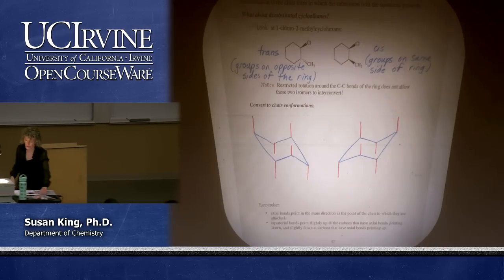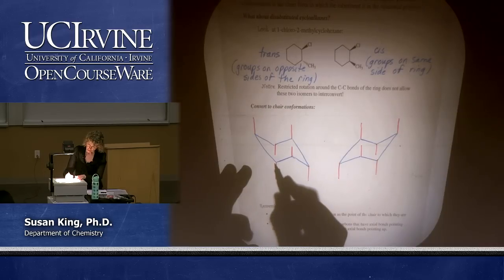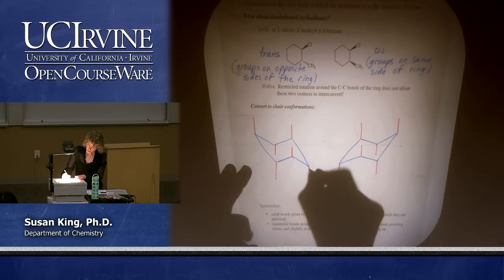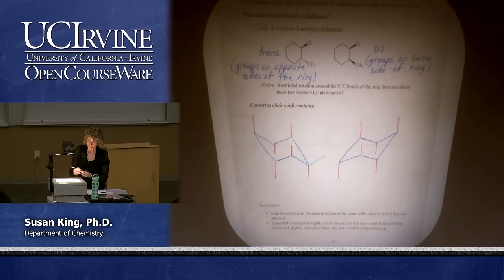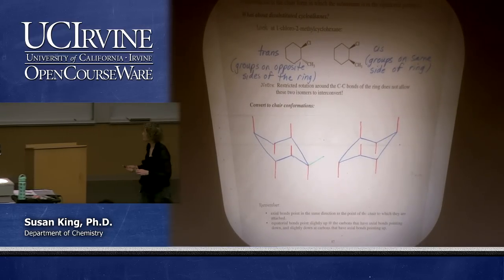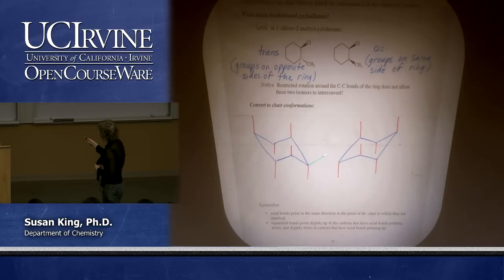And now the equatorials. There are a couple ways to look at this. The equatorial for this bond: if this axial's down, then the equatorial is slightly up. So that's my green. I'm just going to draw one of those for now so we can focus on here.